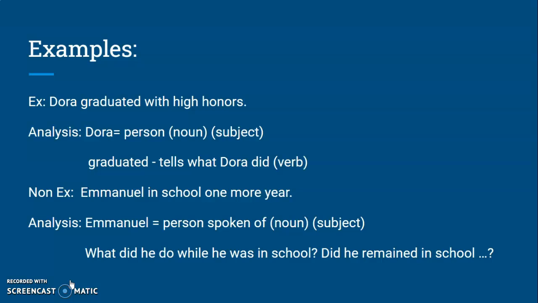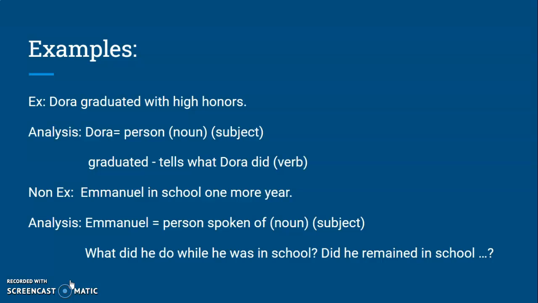Dora is a noun because we know nouns name person, place, things, or idea. And Dora is also who this sentence is speaking of. Well, what did Dora do or how is Dora? Well, Dora, she graduated. And so graduated tells us what Dora did. So graduated is the verb.